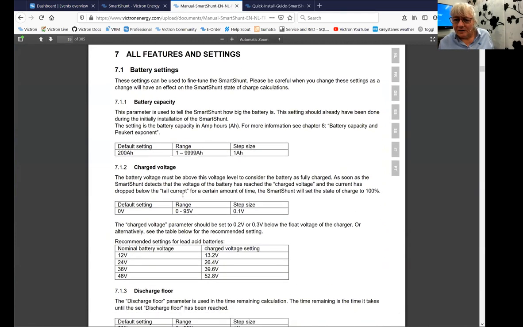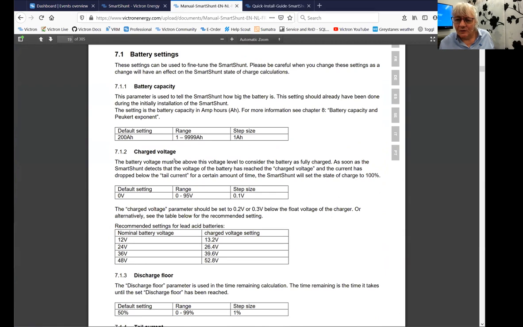So capacity, charge voltage. Battery voltage must be above this voltage level to consider the battery fully charged. So you basically take your absorption voltage, or maybe the float voltage, something like that would do. What we recommend is 13.2, so that's float basically. For lead acid, the resting voltage is 12.6, so anything above that will indicate that you're charging.